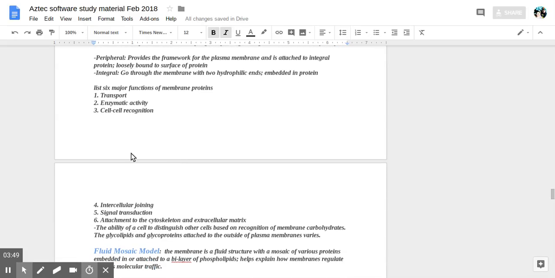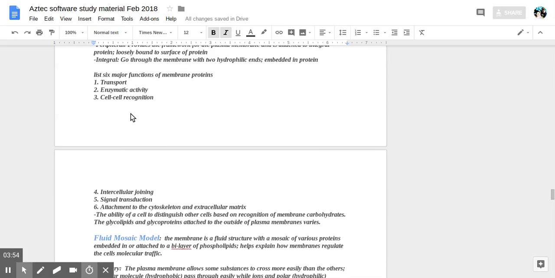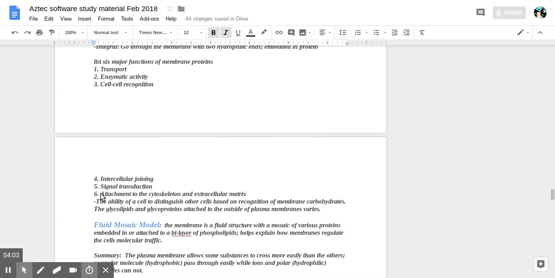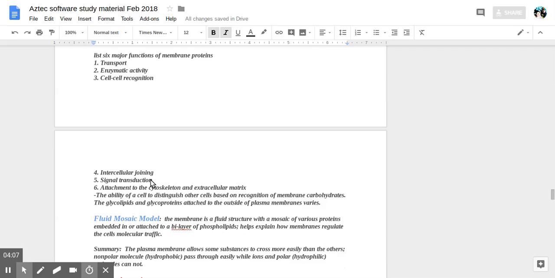Okay, six major functions of membrane proteins are: one of them is transport. The second one, enzymatic activity. Third one is cell-cell recognition. Fourth one is intercellular joining.